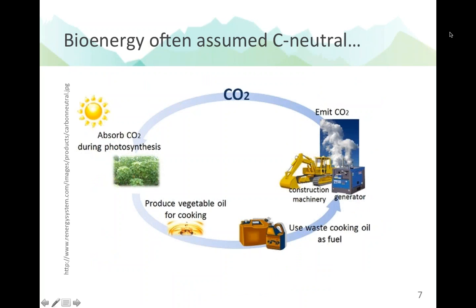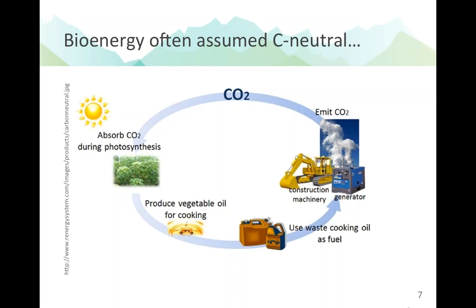For a long time, we treated biofuels as carbon neutral. The carbon in the fuel itself, the thought was that comes from a plant. The plant took that out of the atmosphere when it was doing photosynthesis. So when you take that plant material and convert it to a fuel, and then burn that fuel, that fuel emits CO2, right?